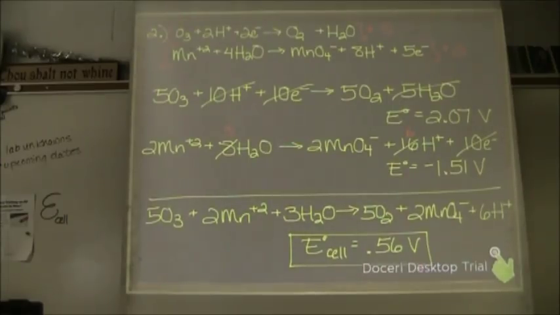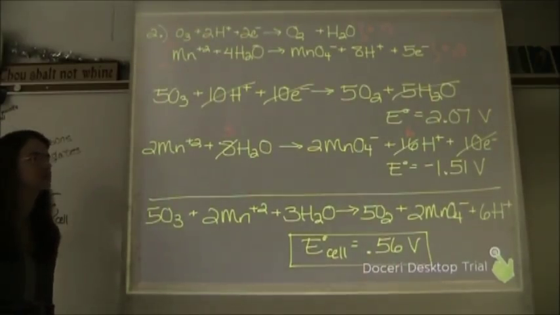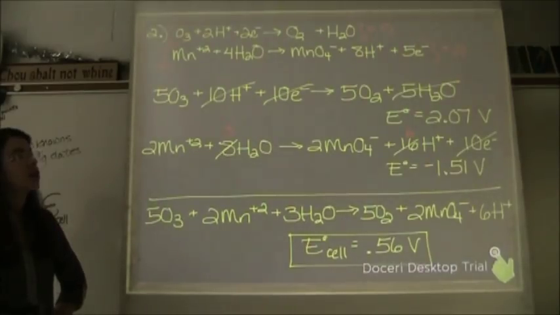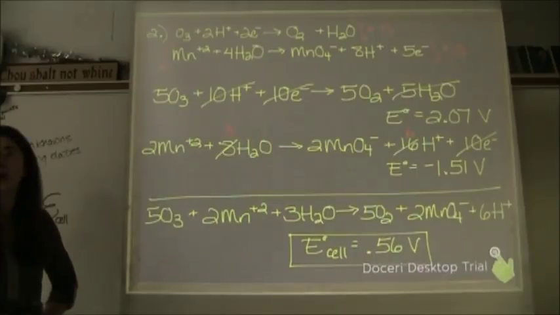Wait, what happened to the 6e- split on the other side? Ladies and gentlemen, in this problem, you can see, obviously your electrons always have to go, but sometimes you can cancel other things out as well.